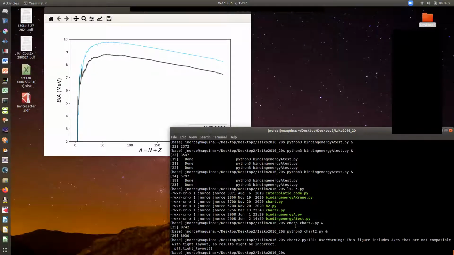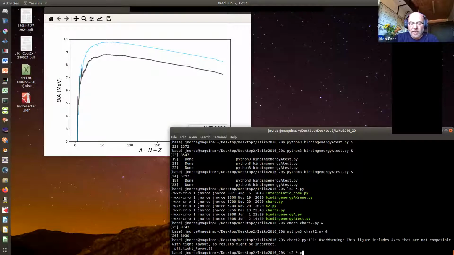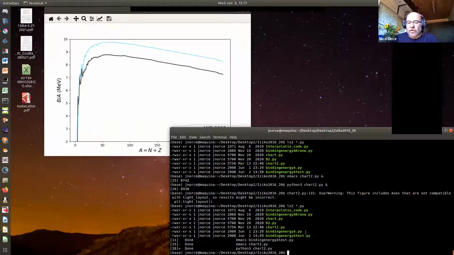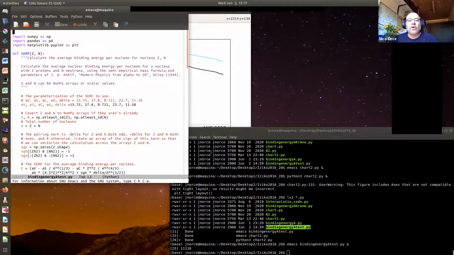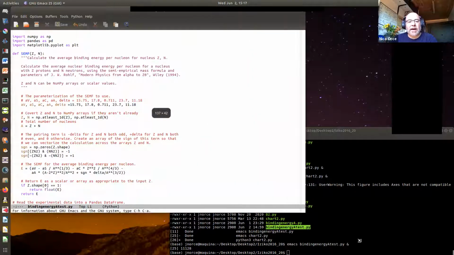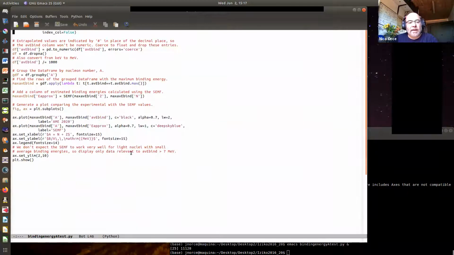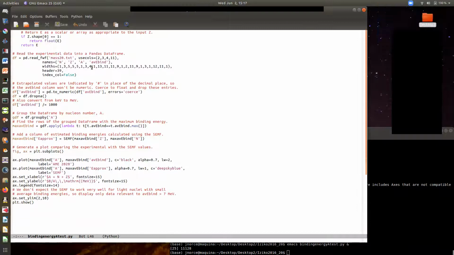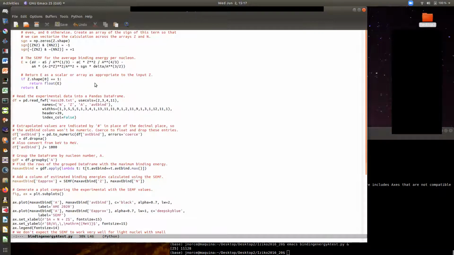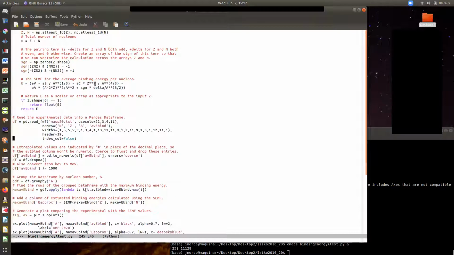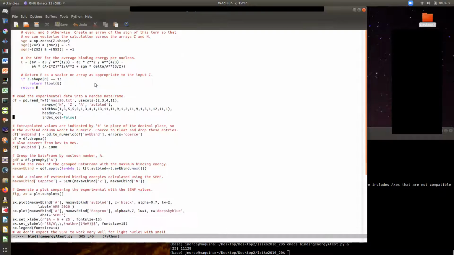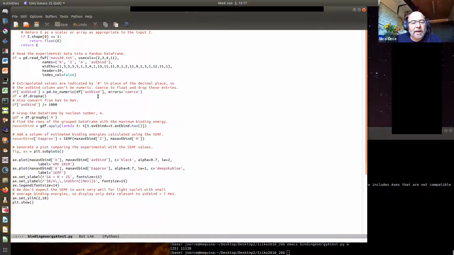So what is the code now? RS2 pi. So the binding energy, this one. Right. So the mass file, what is it? The name should be mass20. Let me see what the file name is.